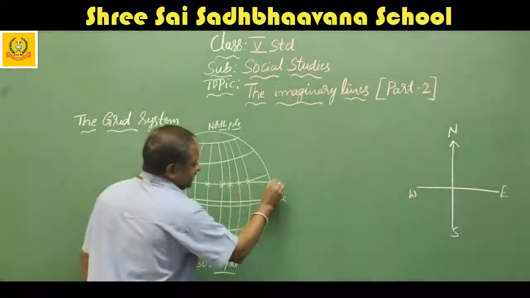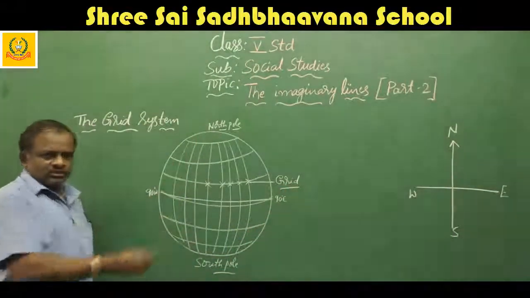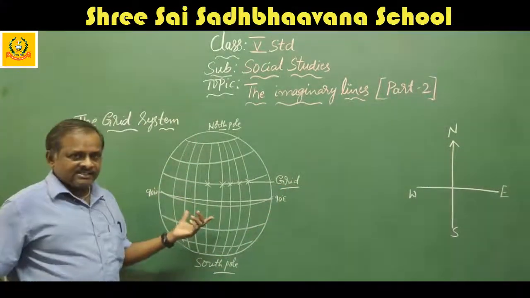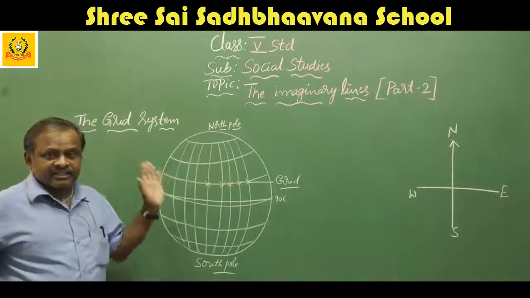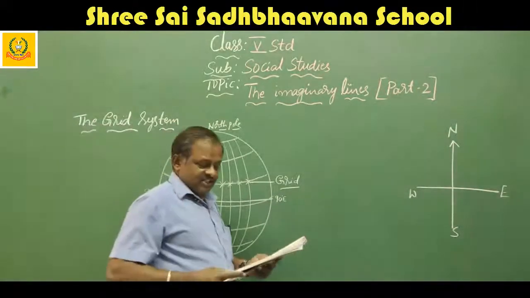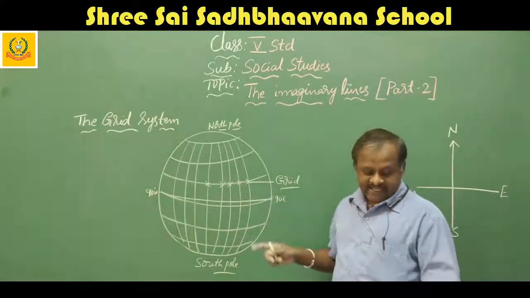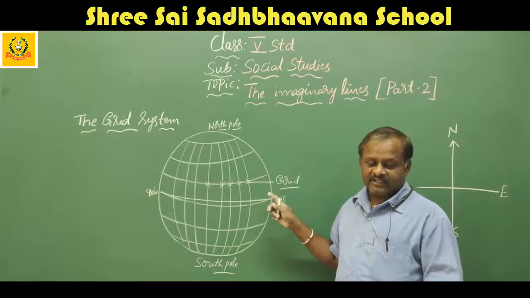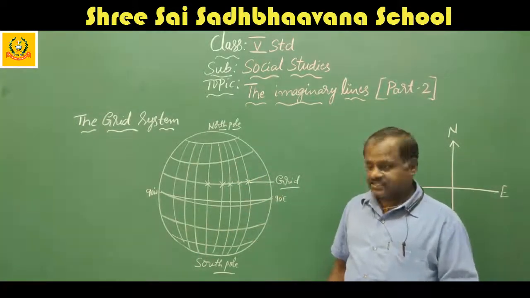These are called the grid. Here, there are nearly 180 lines and 179 lines, so they will intersect each other. So these grid points make a network, and so many grids are there, they are called the grid system.